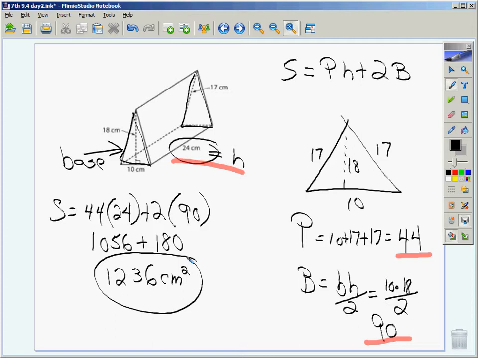I identified the height. I separated out the base. I found the perimeter of the base and the base area, and I plugged them back into the formula. You're going to use the same process, no matter how complicated they're trying to make it look.